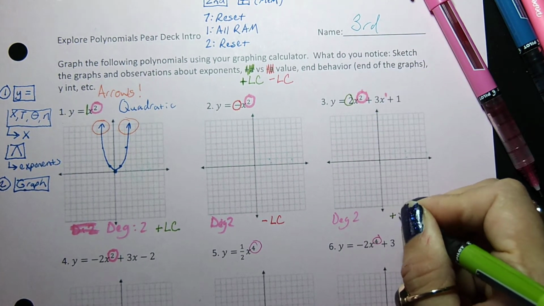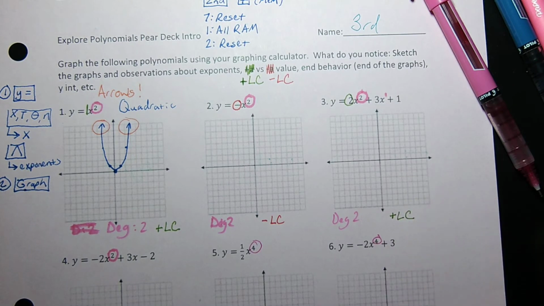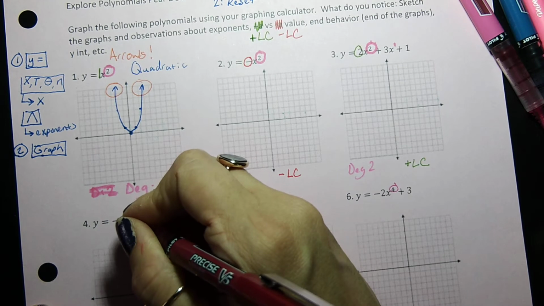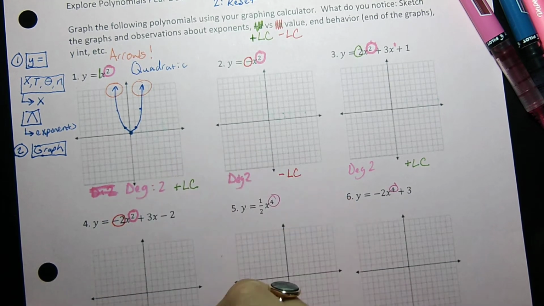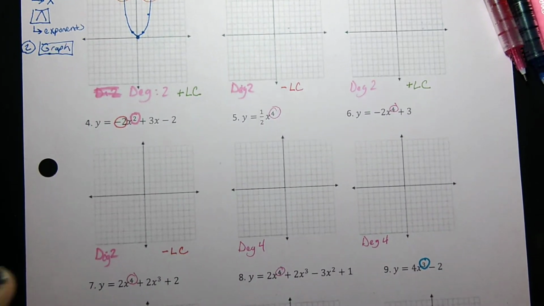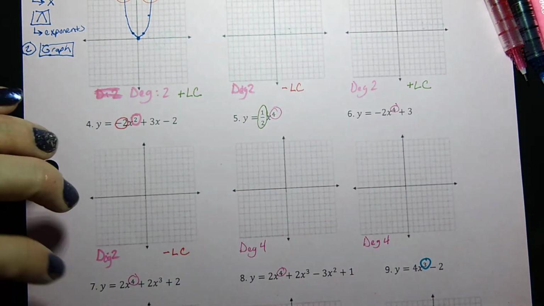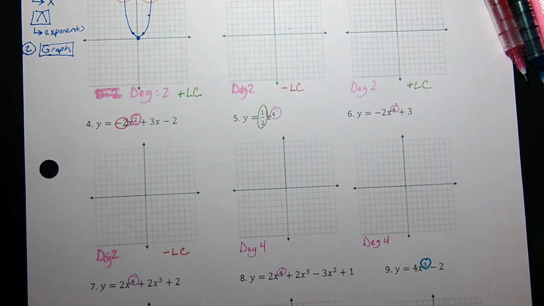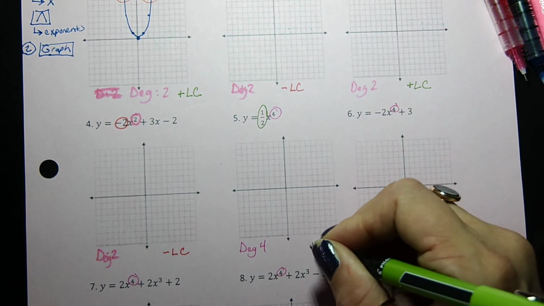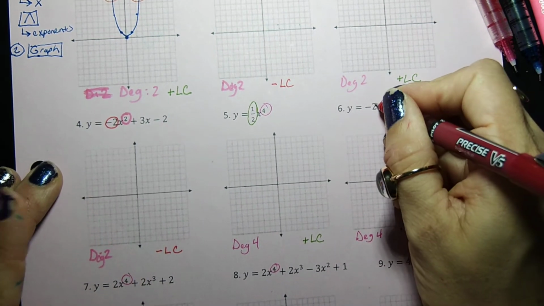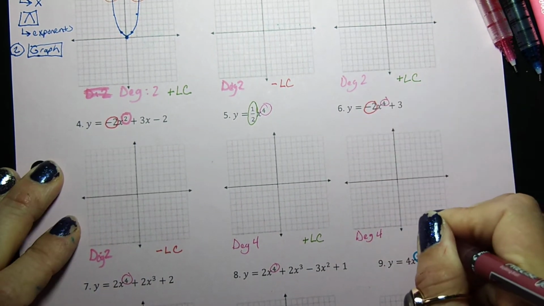So that also has a positive leading coefficient. Number 4 has a negative leading coefficient, negative LC. Ew, number 5 has a fraction as a coefficient, but it is still positive. Positive leading coefficient. Number 6 is negative LC.